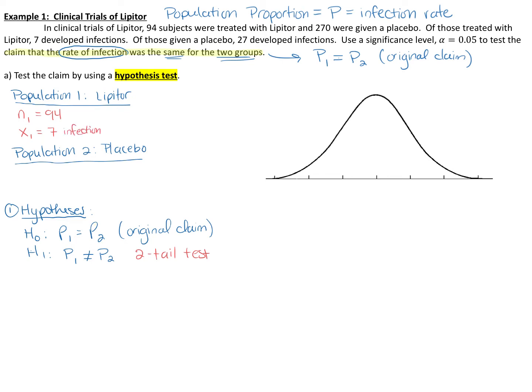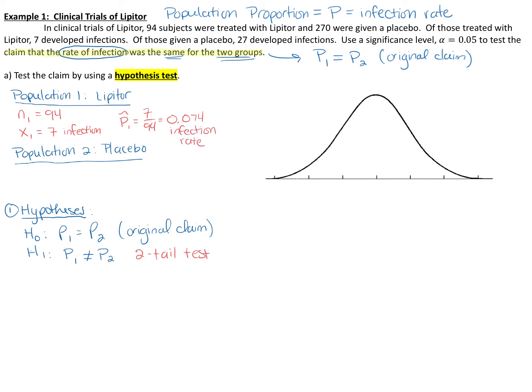This is going to give us our p hat value. So I'll call this p hat sub 1, which represents the infection rate for that Lipitor group. So that's 7 out of 94, or an infection rate of 0.074.